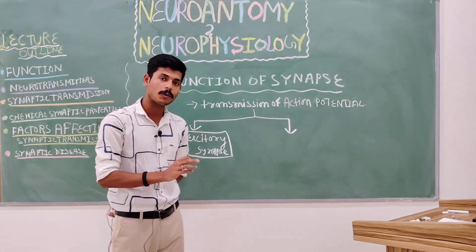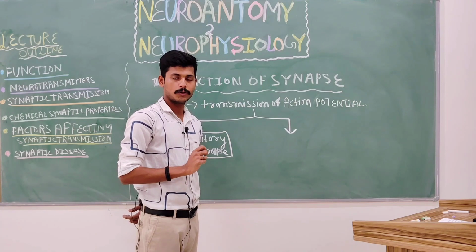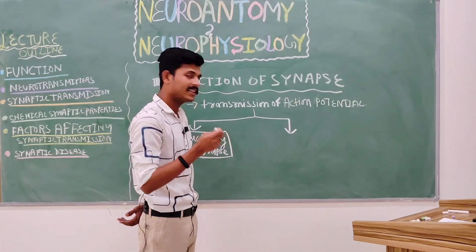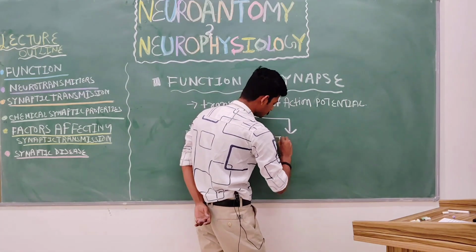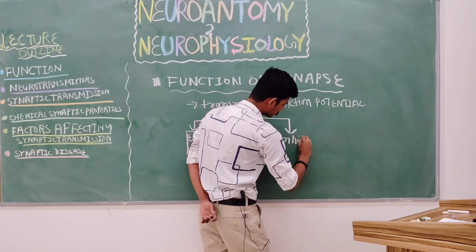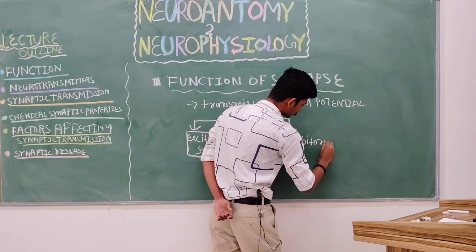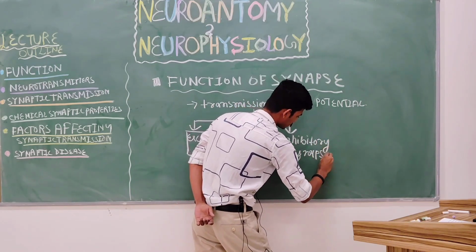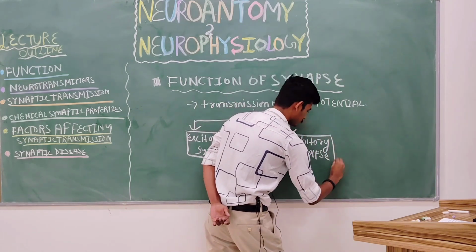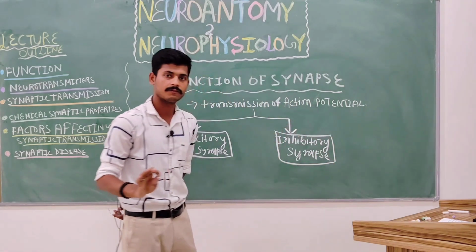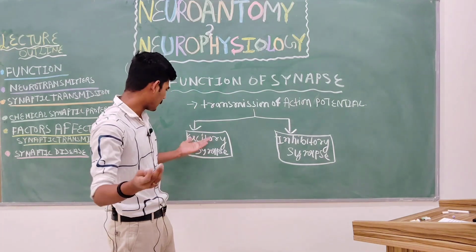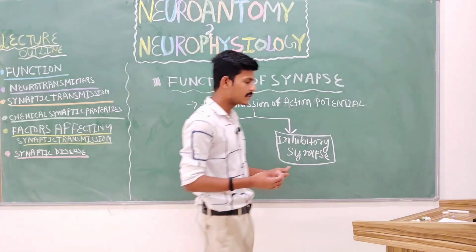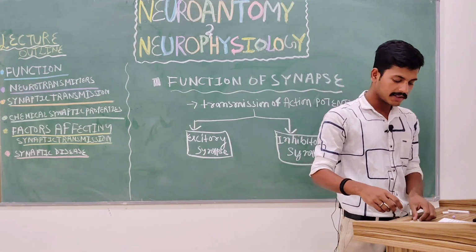Those synapses which are involved in the inhibition of a function are termed the inhibitory synapse. You can write it down if you want. Excitatory synapse means excitation function, and inhibitory synapse means inhibitory function.